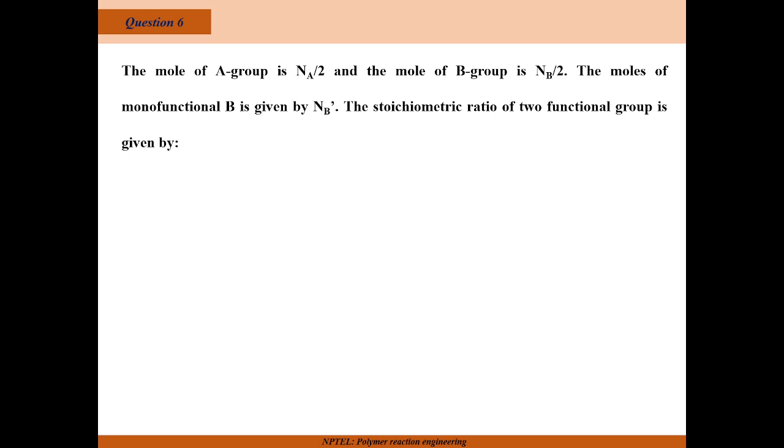It's Na by Nb plus 2 Nb prime. Yes, that's the answer. R can be given as Na by Nb plus 2 Nb prime.